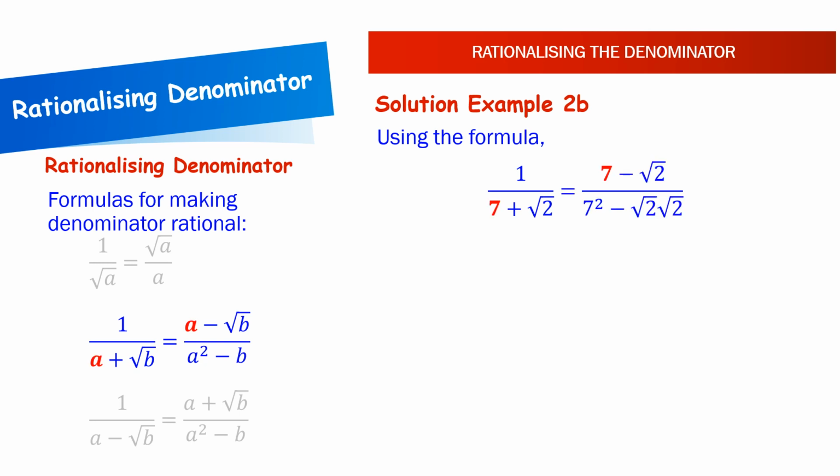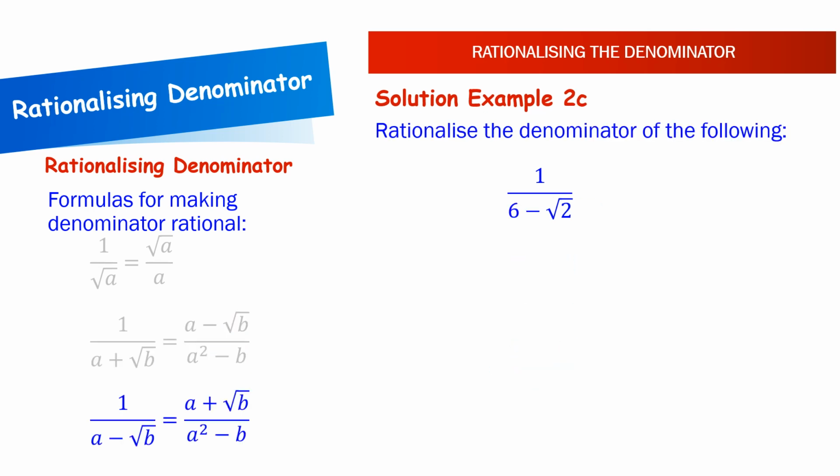So we can now plug in a equals 7 and b equals 2, to give us 7 minus root 2 divided by 49 minus 2, which equals 7 minus root 2 divided by 47.